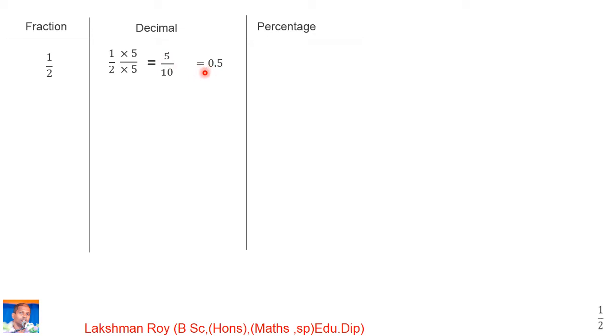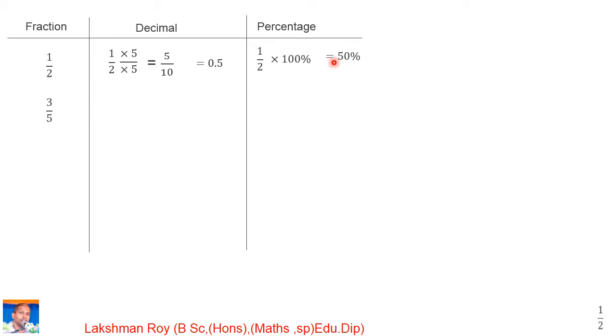So that is the decimal number. Then I want to write this half as a percentage. One way is to multiply by 100%, then you can simplify 2 and 100 by dividing by 2, then you get 50 into 1, that is 50%.